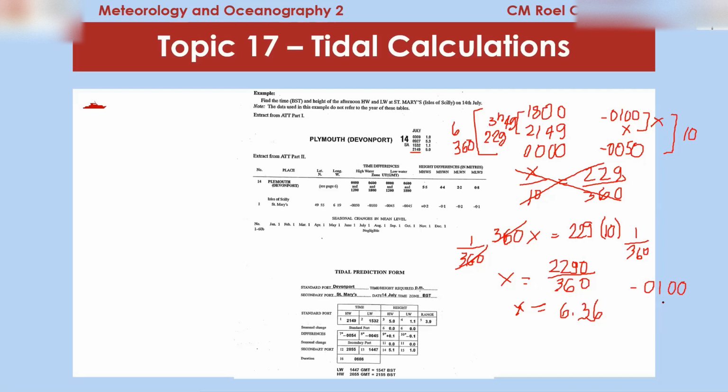So idagdag natin yung 6 minutes. Actually yung 6 minutes, ganito natin isusulat yun eh: 0006. Okay, so kung sabi mo increasing, so plus yun. Tama ba? Increasing plus natin. Positive siya.